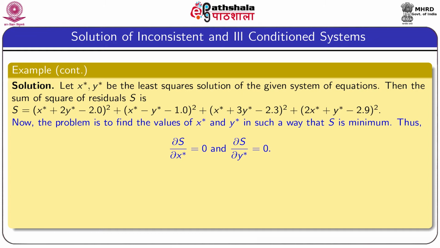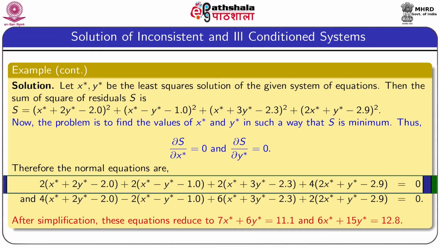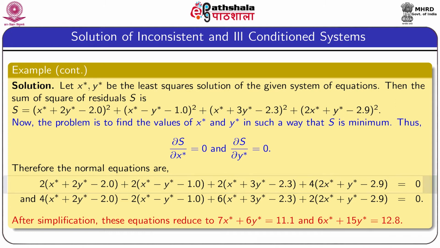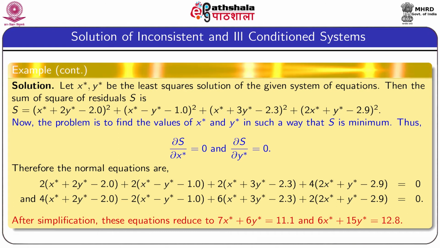After simplification, the normal equations are this one, that means 2 into (x star plus 2y star minus 2) plus 2 into (x star minus y star minus 1) plus 2 into (x star plus 3y star minus 2.3) plus 4 into (2x star plus y star minus 2.9) equal to 0, and the second equation is obtained from del s by del y star equal to 0.